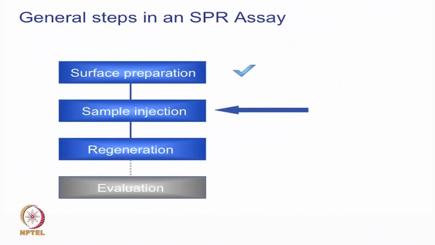Coming to the different steps in our assays, the next important step for developing an assay is sample injection. In sample injection, you inject your analyte, and the way the molecules are injected depends upon the way the molecular interaction is happening. If you are screening, then there is a very slow way of injecting your molecule. Slow means the flow rate. When you are injecting for kinetics, the samples are injected with a certain flow rate.